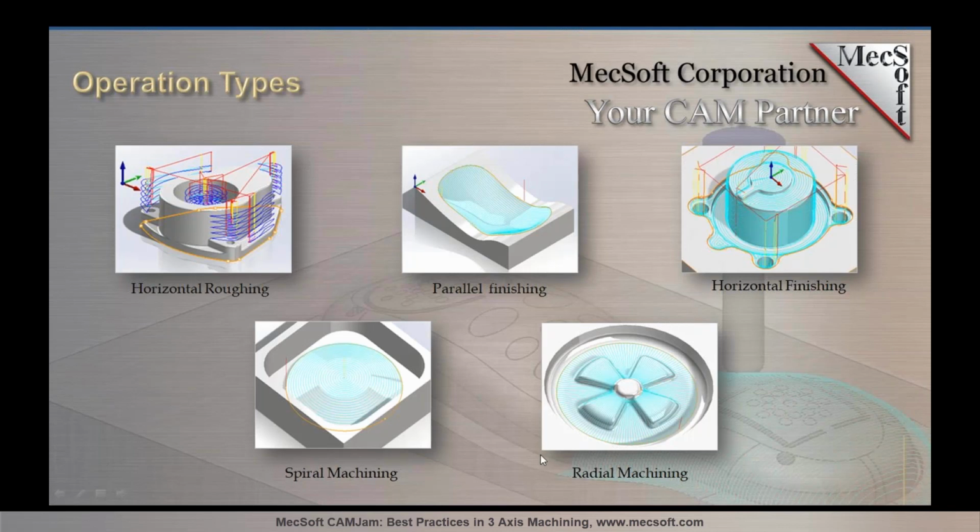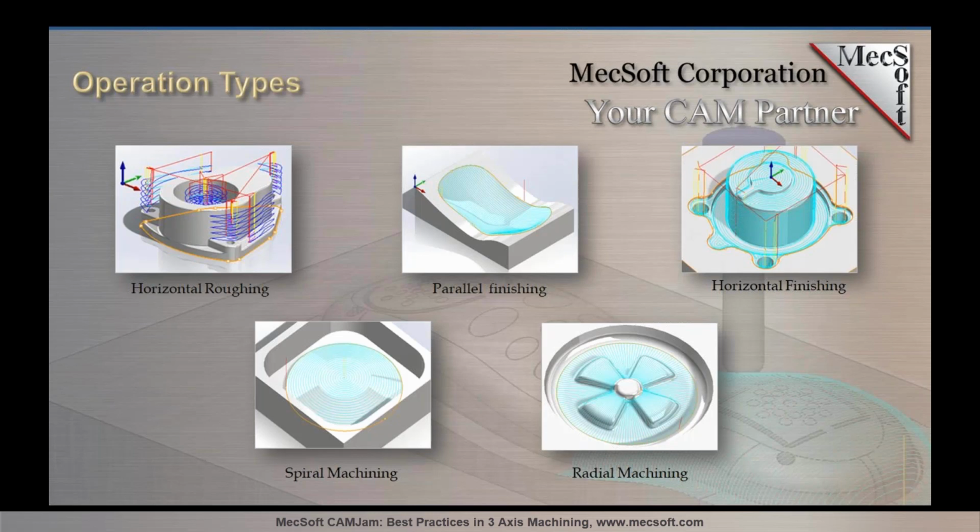Then spiral machining is the next toolpath method we wanted to talk about. It is a strategy that's best used as a finishing operation for regions that have circular characteristics. And the spiral cuts are generated inside a machining region extending from a center point. And once again, you have various parameters to control how you want this toolpath to be generated.